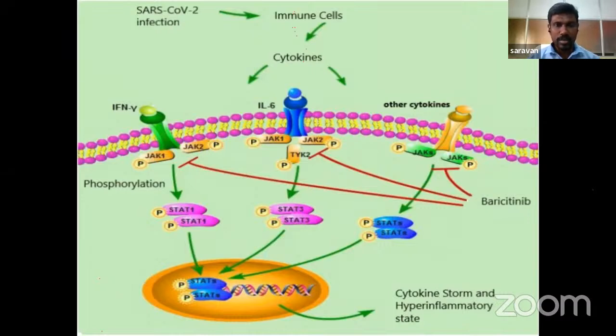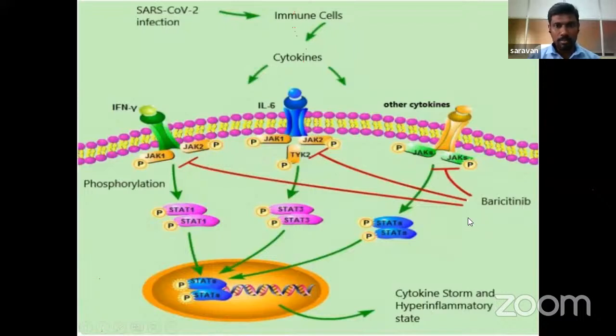So 1 in 6 patients of COVID-19 infection was initially found to develop the cytokine release syndrome, okay, which later on will develop into ARDS and multi-organ failure. Finally, it will end up in death of the COVID-19 infected individual.